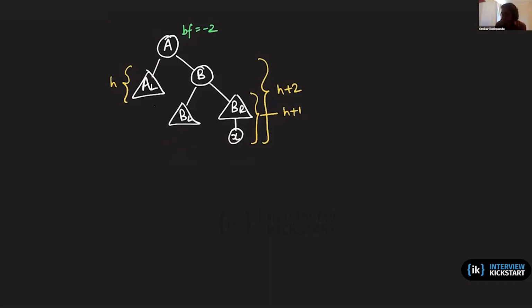If it was h minus 1, then B would have been A and not A itself. So the balance factor at B must have become -1 from 0, not -2. The repercussions happen only when the balance factors for all of these ancestors change from 0 to -1 or 0 to +1.